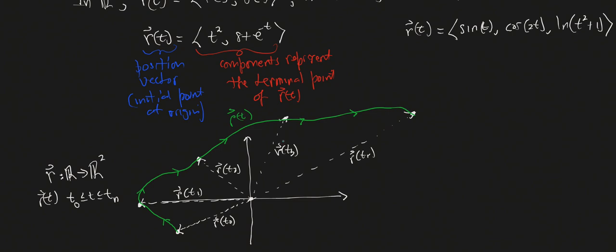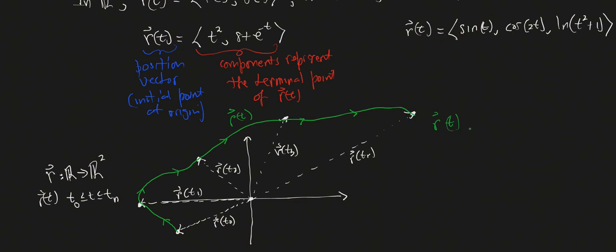So r of t can be interpreted as a curve in either the plane, or if we were to do this in 3 dimensions, and it would work exactly the same way, this function here would describe a curve in R3.